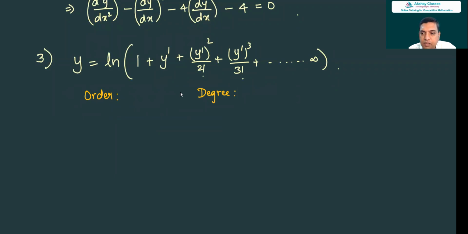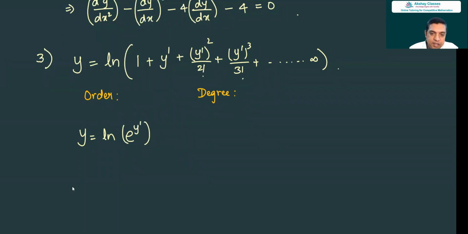Good, good. One answer. So this we should know, that the term in the bracket is the power series expansion of e power x. Of course, instead of x, we have y dash. So we get e power y dash.